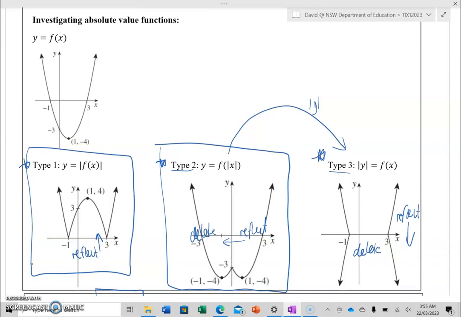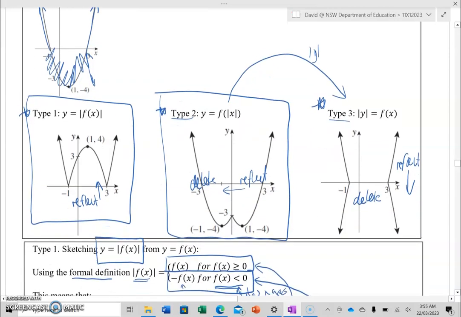Except instead of doing things in relation to the y-axis, we're doing things in relation to the x-axis. So we're going to delete any sections of the original graph below the x-axis, and then leave what's above the x-axis and reflect what's above the x-axis below. Alright, so that's what this type is.